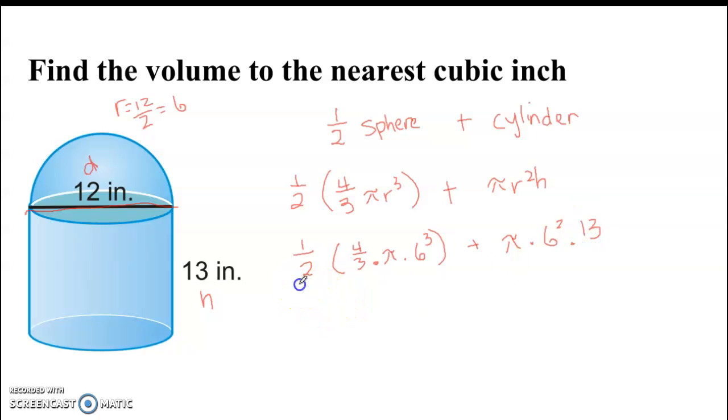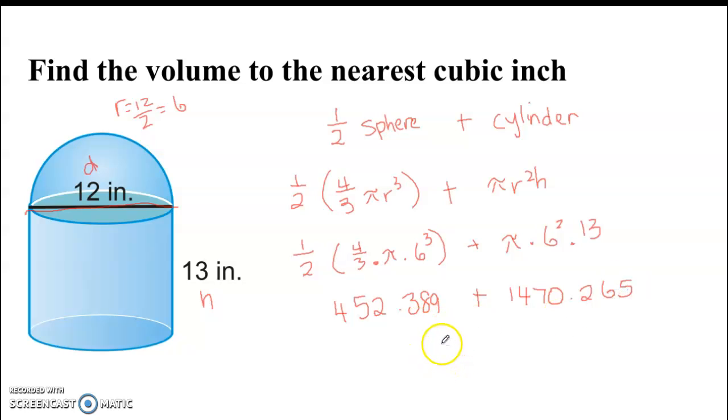Now I'm going to put this piece in the calculator. It says round to the nearest cubic inch, but I'm going to round at the very end. So when I put all of that in the calculator, which you should do, you should get 452.389. I just put 3 decimals. Here I get 1,470.265.